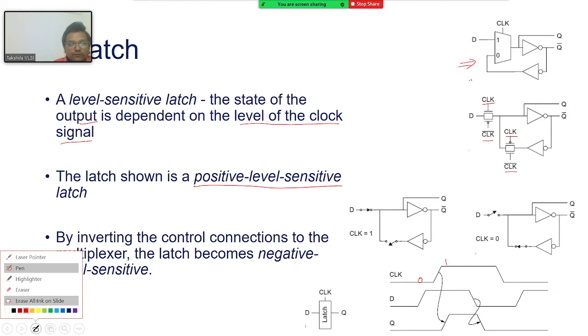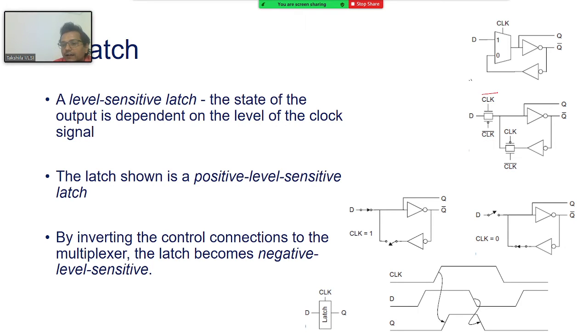What if I change the direction? Here is the clock bar and here is a clock. Again then if I verify the operation, then this switch will be open and this switch will be closed for clock equal to 1, and this switch will be closed and this switch will be open when the clock goes to 0.